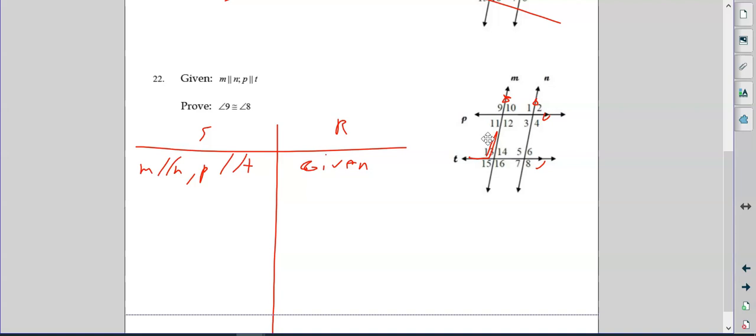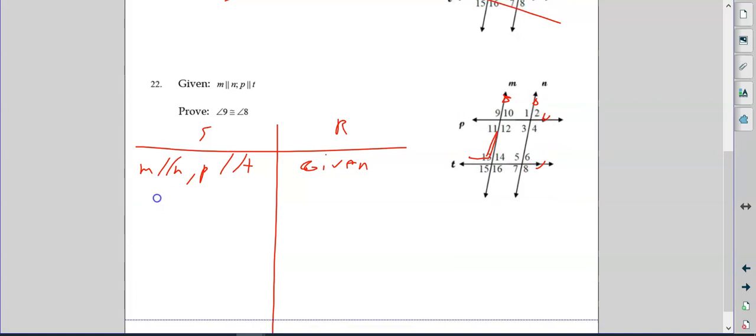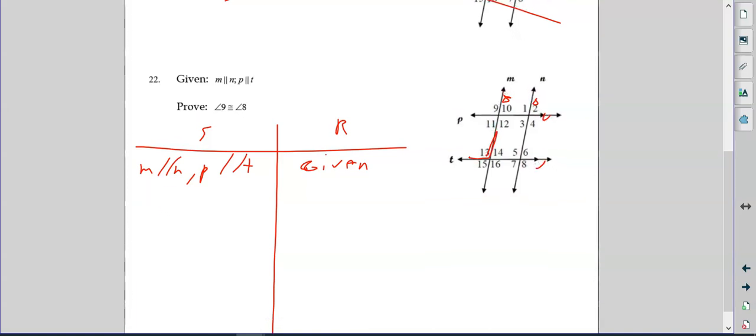So I'll flip a coin here. Not really. I'm just going to pick one, and I'm going to go 9 to 13. So I'm going to say angle 9 is congruent to angle 13. And we just say corresponding angles are congruent.